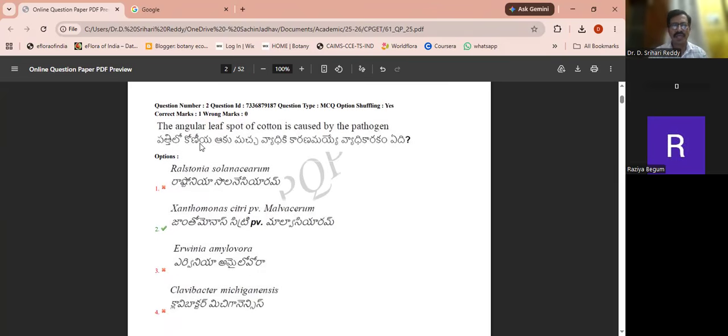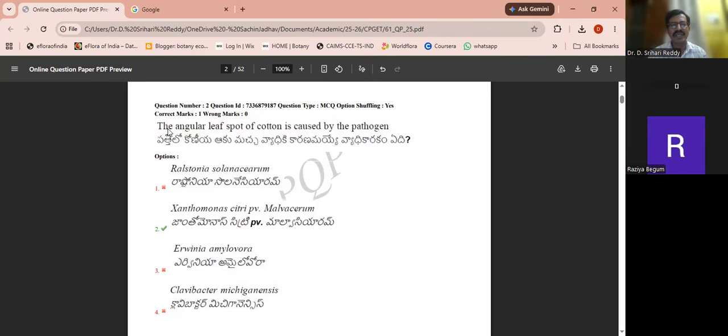Okay, so the second question is: the angular leaf spot of cotton is caused by the pathogen. They ask several questions on plant diseases from the first semester of your degree. In the first semester, there are different types of diseases which are caused by virus, bacteria, fungus, all these.